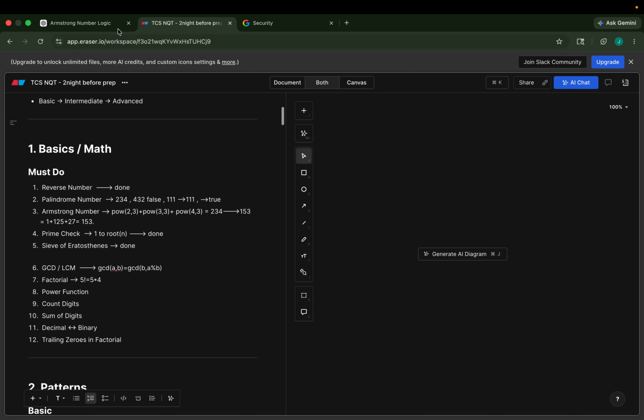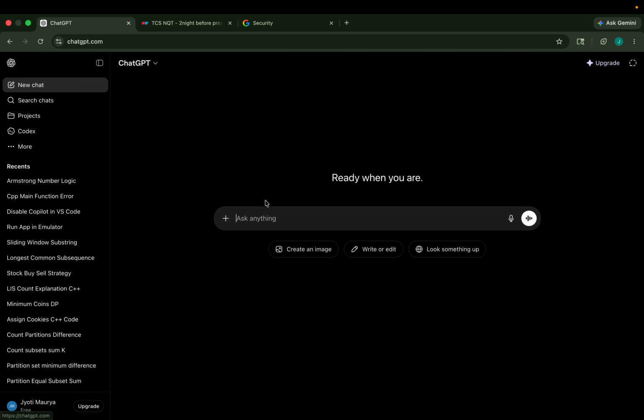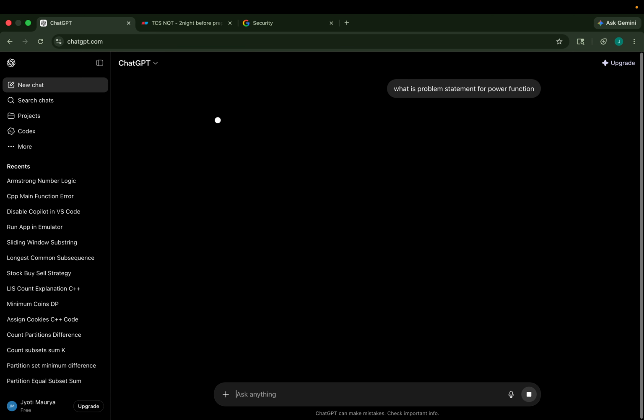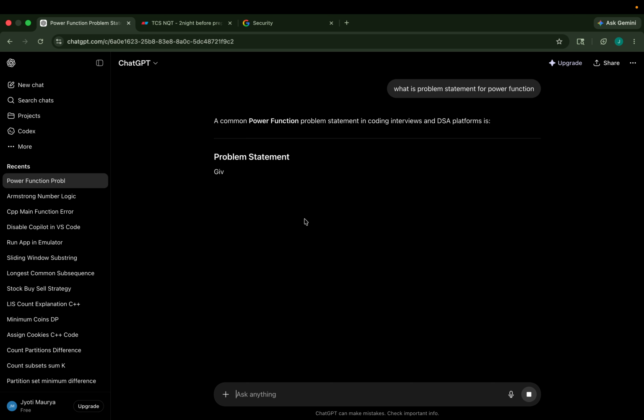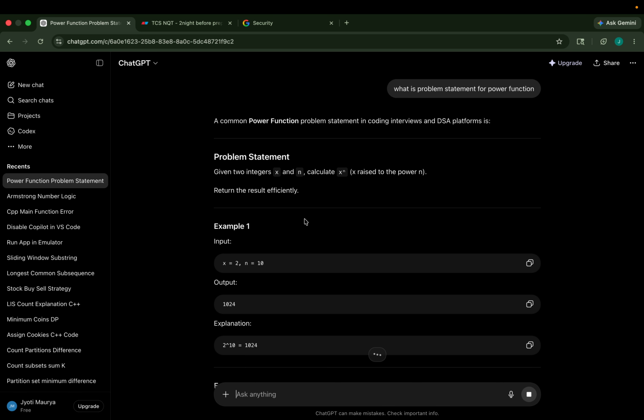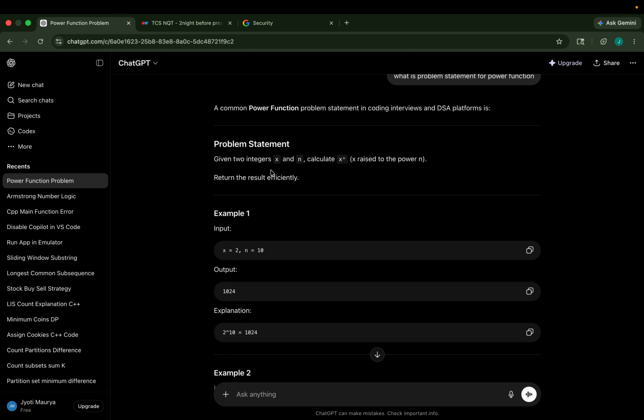So first let me see what the problem statement for the power function is. A common power function statement in coding interviews and DSA platforms is: given two integers, calculate x to the power n.